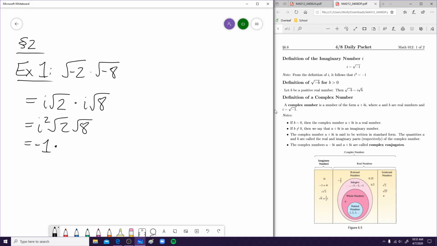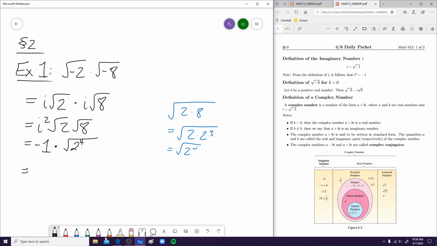This is times the square root of 2 times 8, where I'm going to use the multiplication property. As side work, for 2 times 8, 8 can be rewritten as 2 cubed, and so this becomes 2 to the 4th.